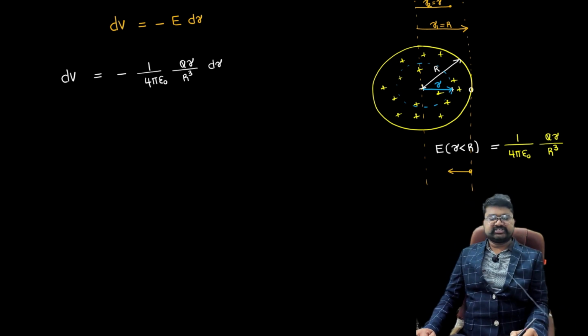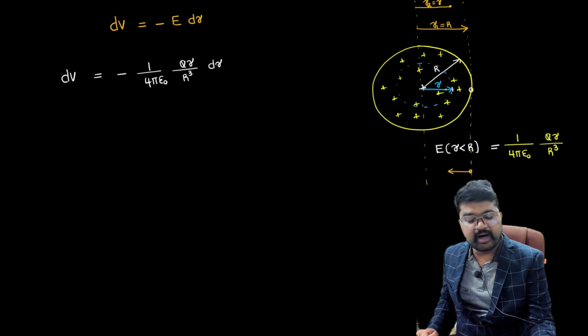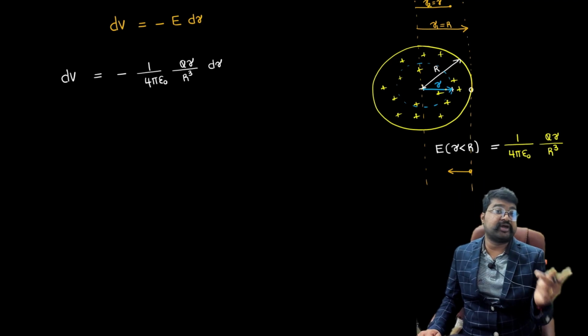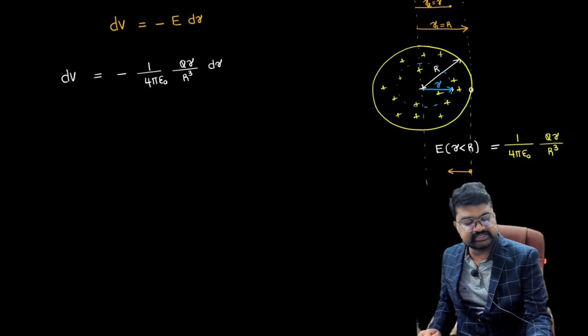Understood? Initially R, I want to move from R to R. Last time it was from infinite distance to R.